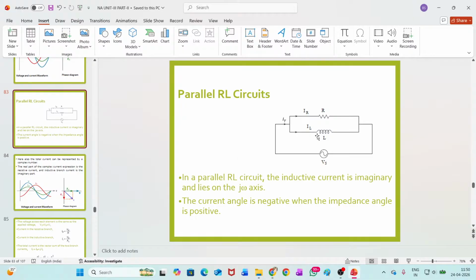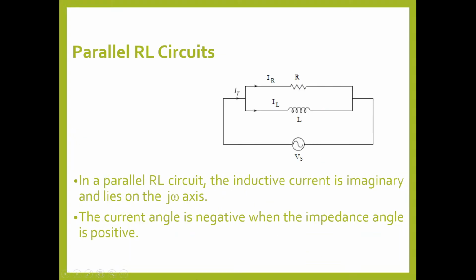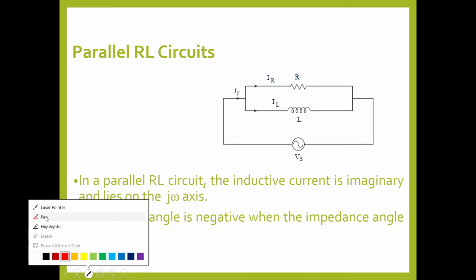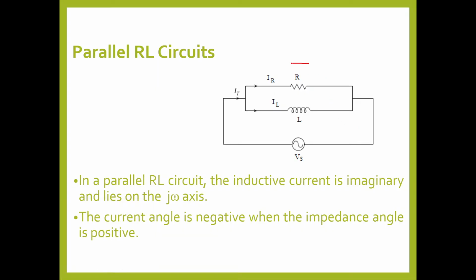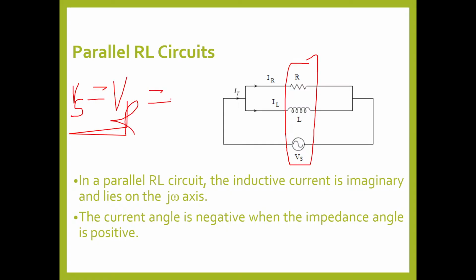So here also, Vs, source Vs, in this diagram I have written Vs. So Vs is equal to Vr is equal to Vl.